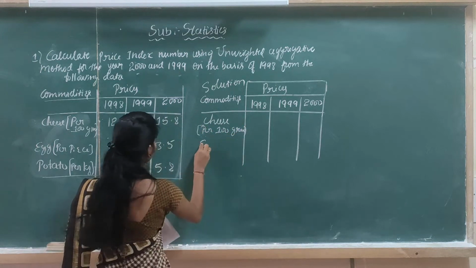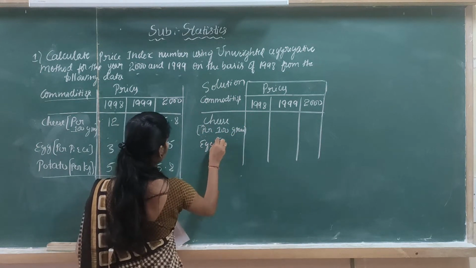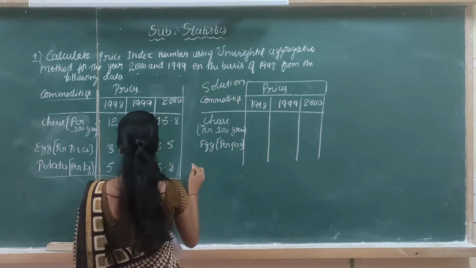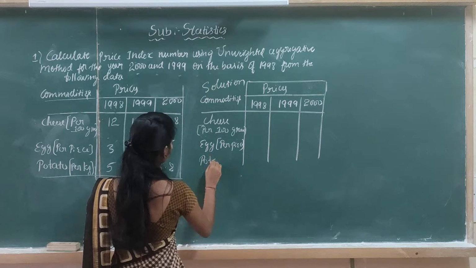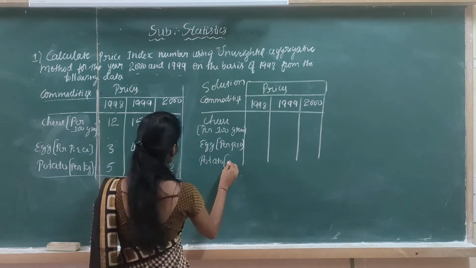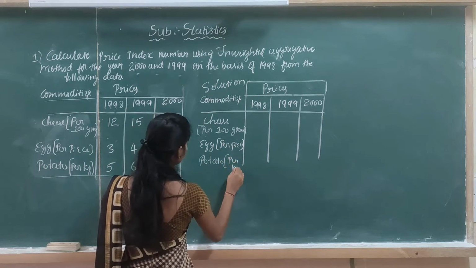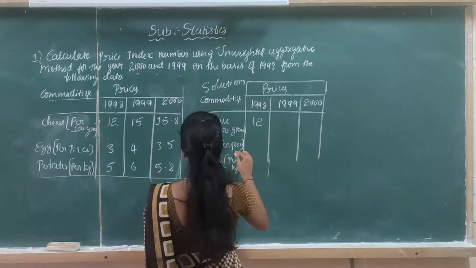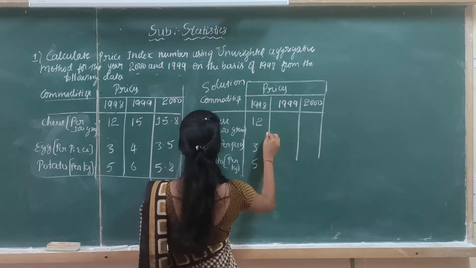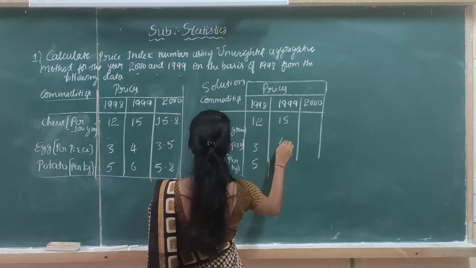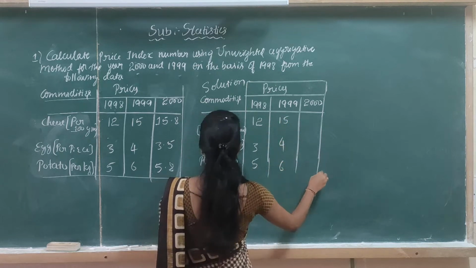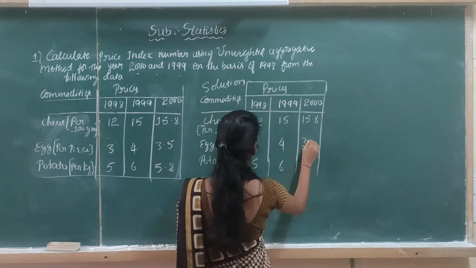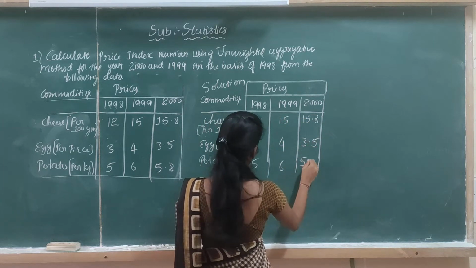Next, egg per piece. Next, potato, that is per kg. And then the values are 12, 3, 5 and 15, 4, 6 and 15.8, 3.5, 5.8.